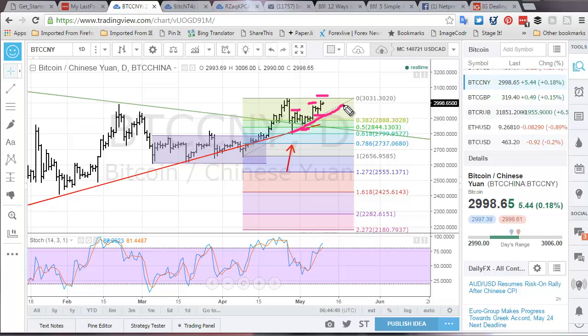It does not have that same discomfort as we're seeing on the Bitcoin against the US dollar. We do have to clear this level. And remember though, this level is higher than this level. So if we clear this level, this is going to keep running.